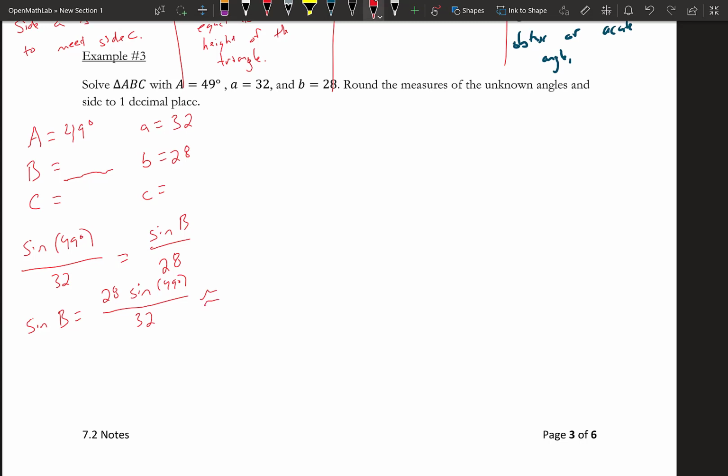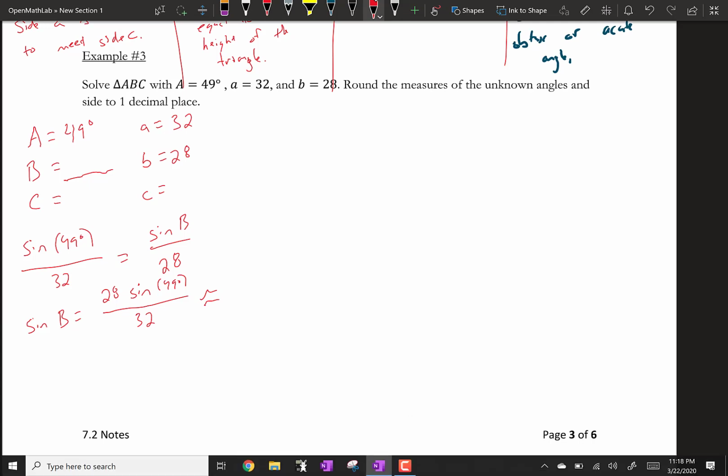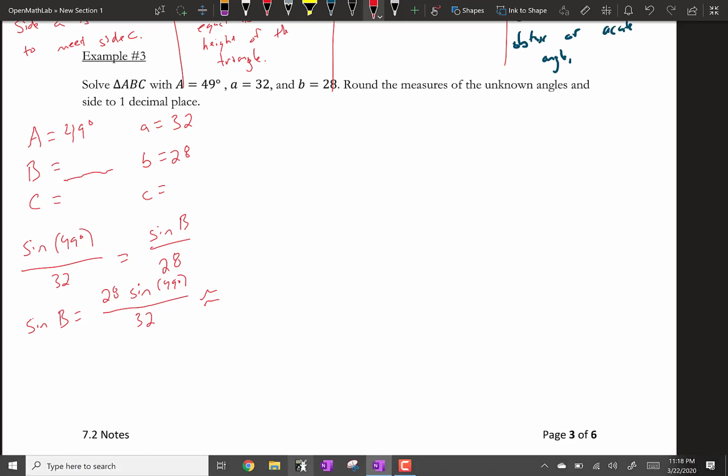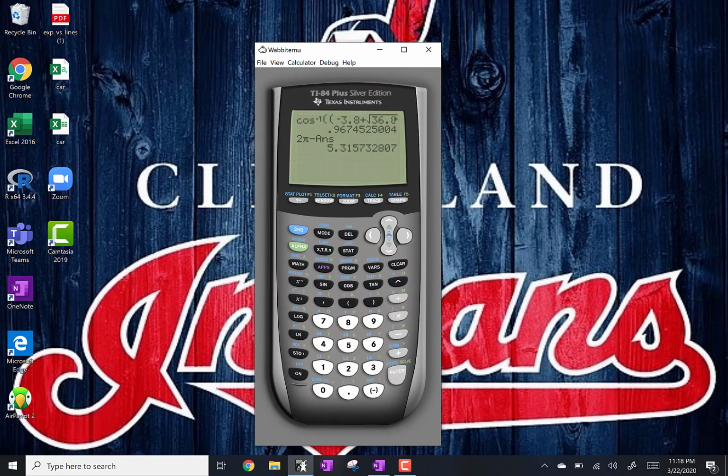And in this case, if I pull out my calculator, let me make sure my mode is in degrees for this.